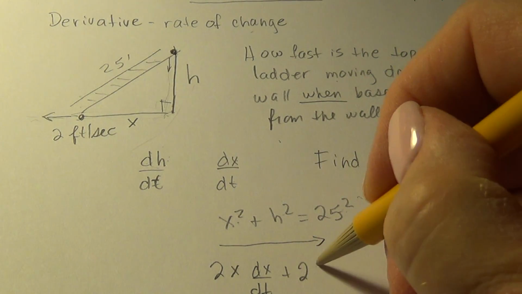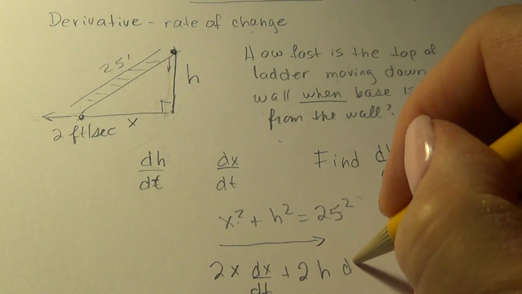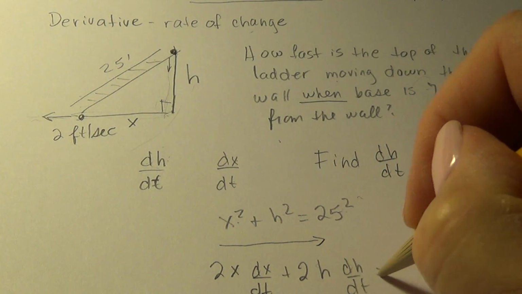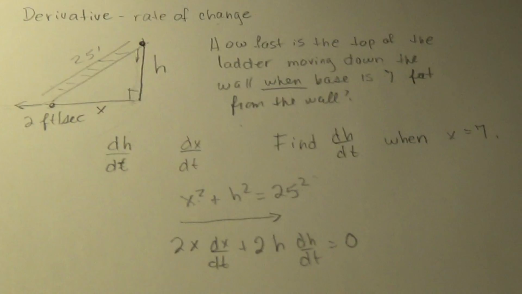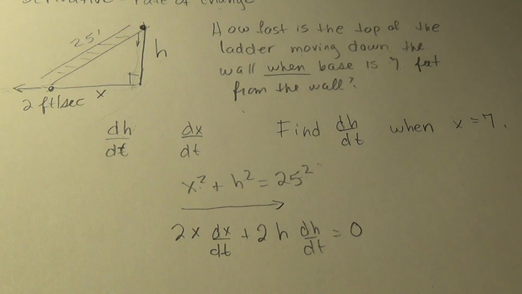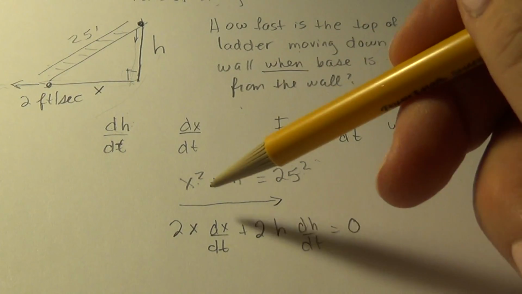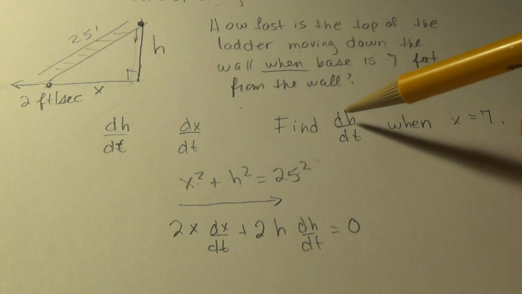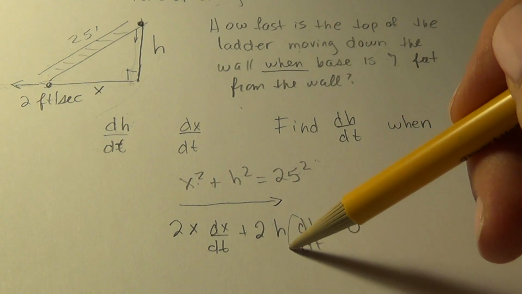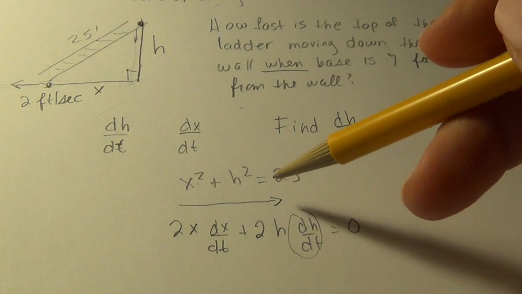Then we go to h, 2h, dh dt, same reason, equals 0, the derivative of 25 squared. So with that, we should know everything except what we're looking for, and we're looking for dh dt. So let's see if we can fill in everything else.